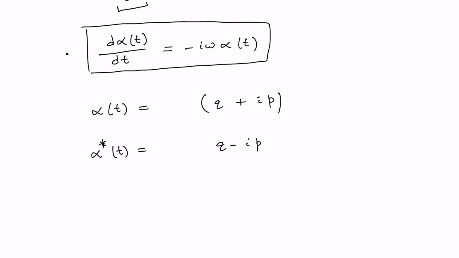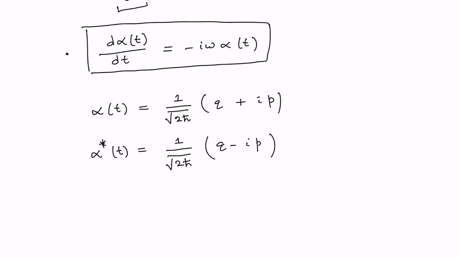However, here I am going to multiply it by a factor given as 1 by square root of 2 h bar, and here also I am going to multiply it by a factor 1 by square root of 2 h bar, where h bar is the reduced Planck's constant.